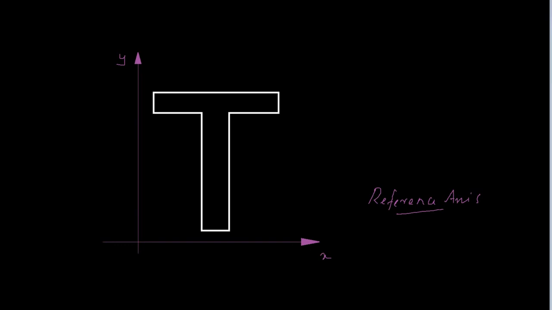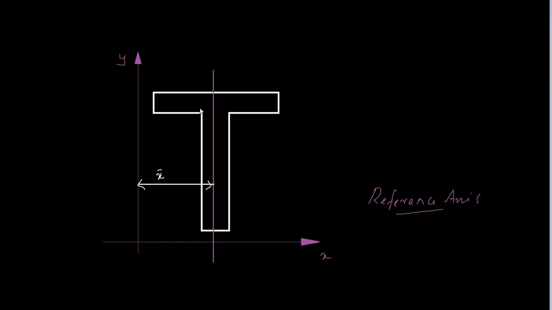In this case you can see this shape can be divided into two equal parts using a line drawn parallel to the y-axis, which means your x coordinate of the center of gravity or centroid is fixed, and that will be the distance here. So this is fixed, and that's your x bar.